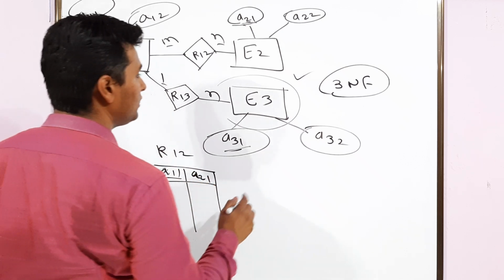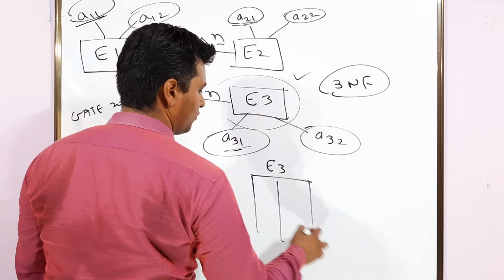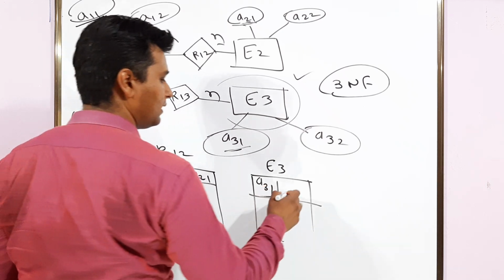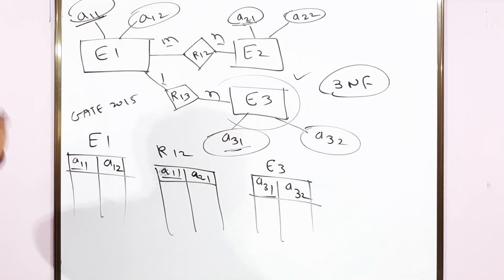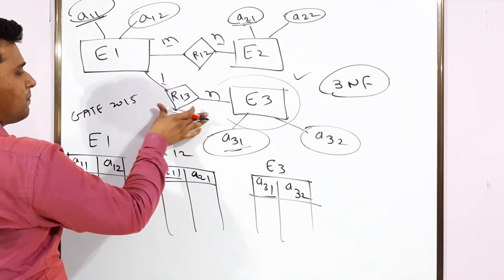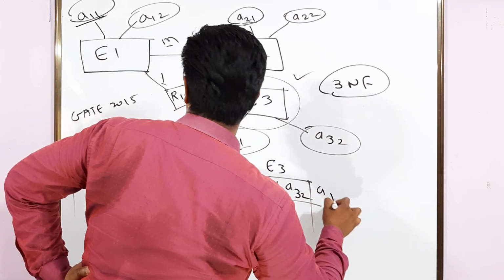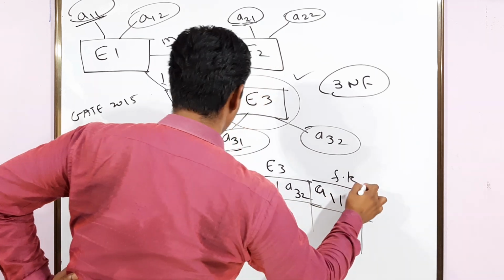And for E3 we will of course have a separate table, because we have to have the data. Then we will have A31 as a primary key and A32. Next, we have to modify the N side table, and for keeping the relationship we will add the primary key of E1, that is A11, as a foreign key in this relation.